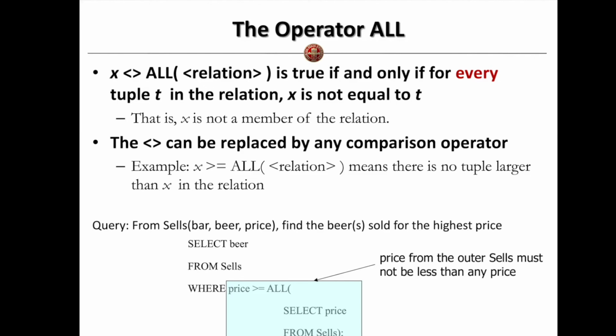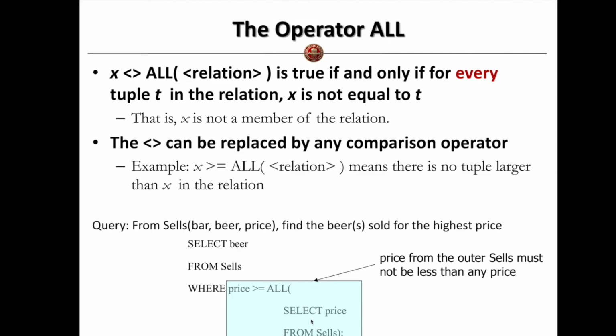So we can denote the highest price of all the beers in this sales table as follows. We have parentheses, this is a subquery, right? In these parentheses, we have select price from sales. This subquery will return what? It returns all the prices in the sales table, right? And then we can do a further comparison where price is no smaller than all of the subquery.